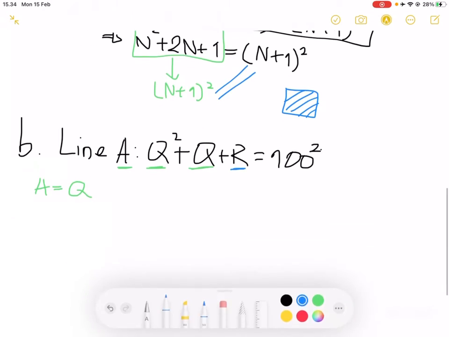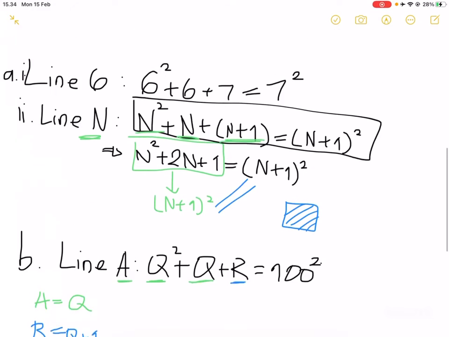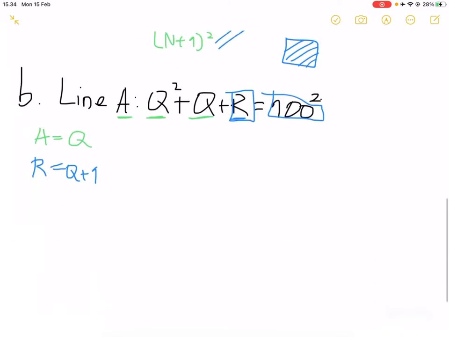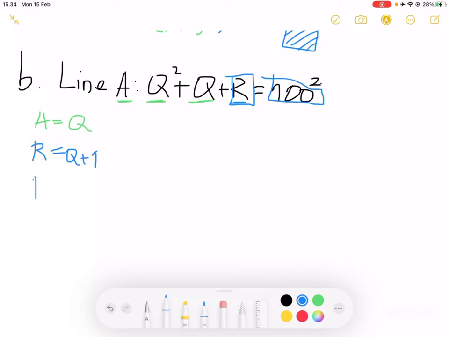So we can say that r is equal to q plus 1. And then finally, this n plus 1 corresponds to this n plus 1. And therefore, using that same trick, this r must be corresponding to this 100, and we have gotten our first value, r is equal to 100.